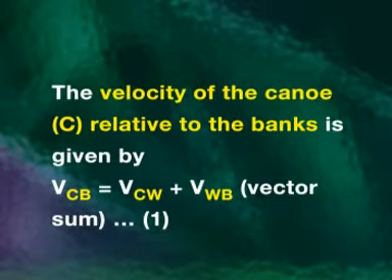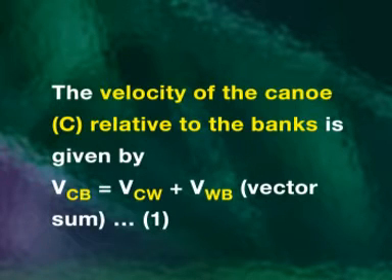The velocity of the canoe C relative to the banks is given by VCB equals VCW plus VWB. That is a vector sum. Let's call this equation 1. Note how the relative velocity has been obtained.